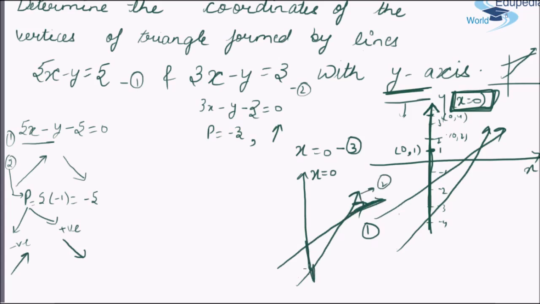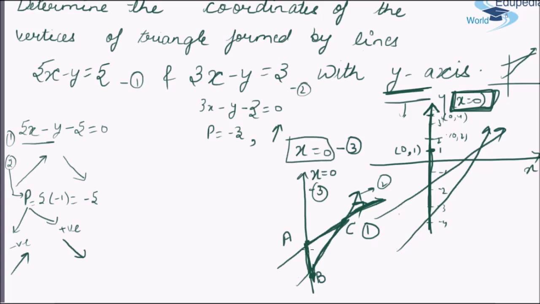We have to find out this triangle and the vertices of this triangle. Say these vertices be A, B and C. This is equation 3, which we have found out here.